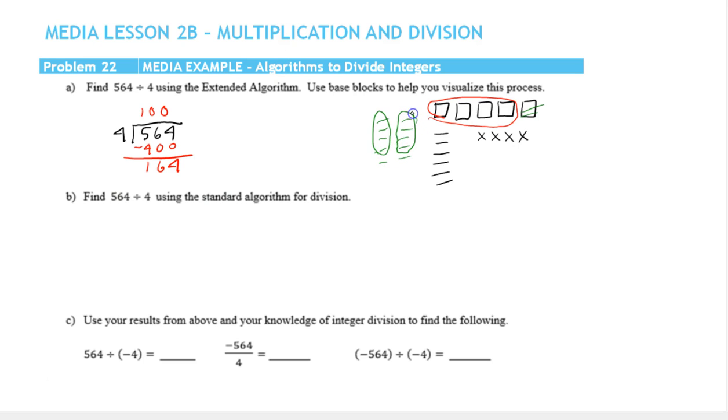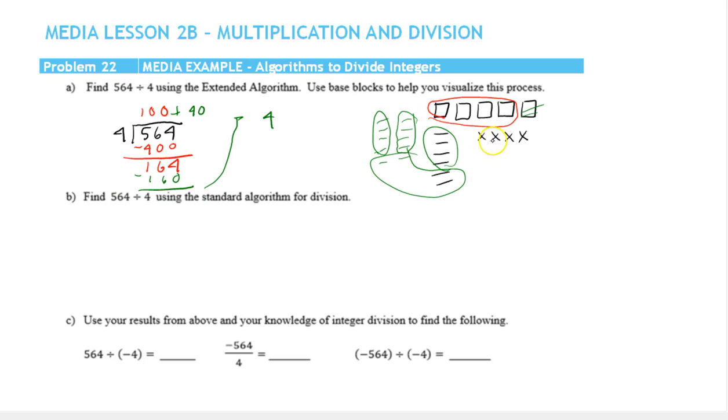1, 2, 3, 4. 1, 2, 3, 4, 1, 2, 3, 4. So we used up all the rods, and notice each group is getting 4 rods, which is 40. So now each group had a flat, now they also have 4 rods, which is 40, and that uses up 160. So now let's move up here a little bit, and we have 4 left, and that was just 4 units.